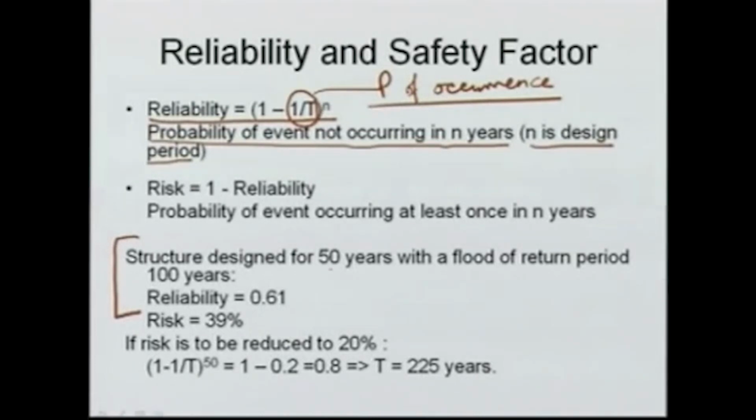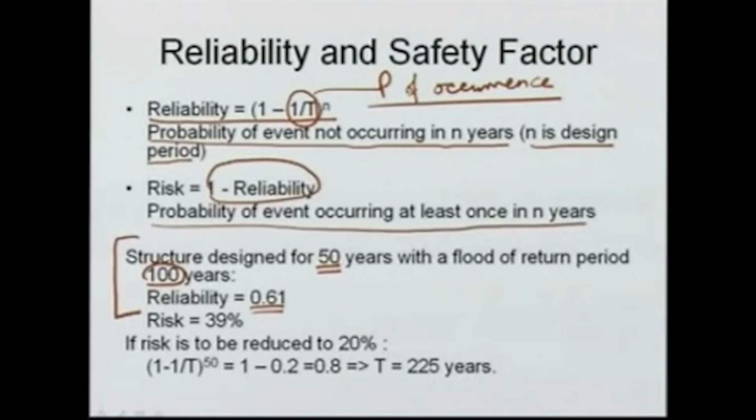Using n equal to 50 and T of 100 years, we get a reliability of 0.61, which means the risk, which is 1 minus reliability, that is the probability of the event occurring at least once in n years, or the probability of failure of the structure, will be 39%.